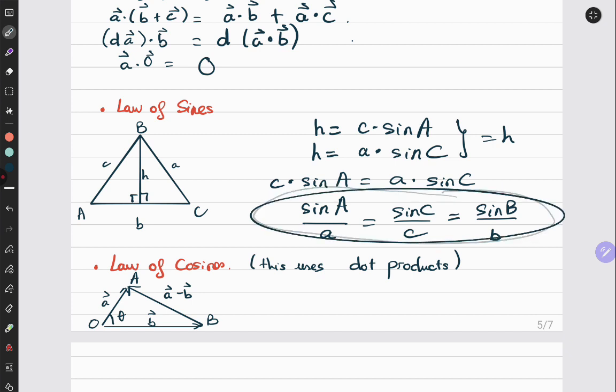That is the law of sine. It tells you the relation between the length of a side and its opposite angle. The ratio of sine of this angle to this side equals this to this, equals this to this.